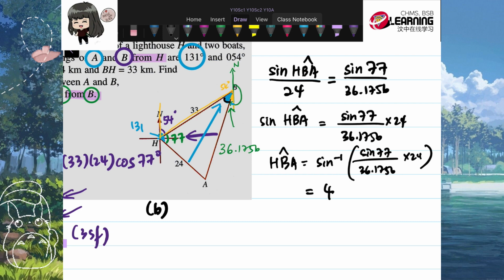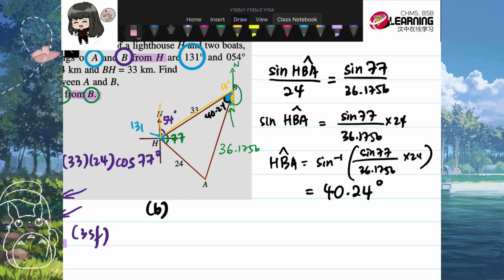I'll tell you the answer: 40.24 degrees. So we have found this angle, 40.24.